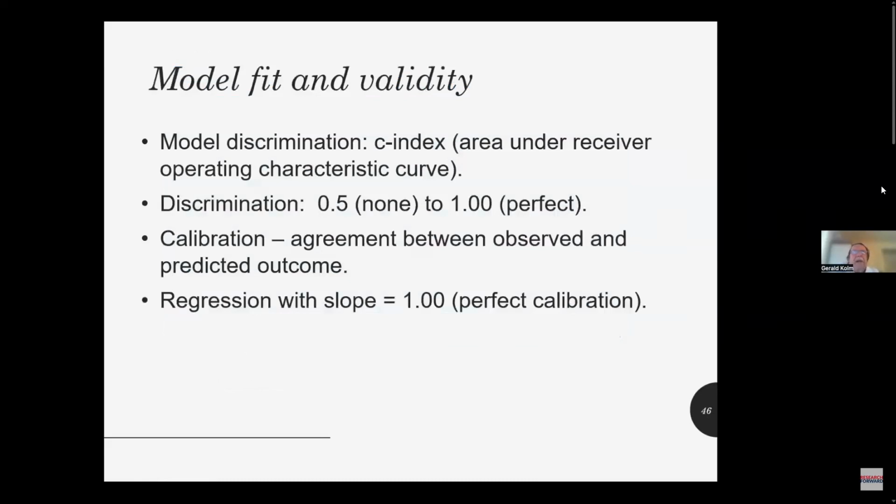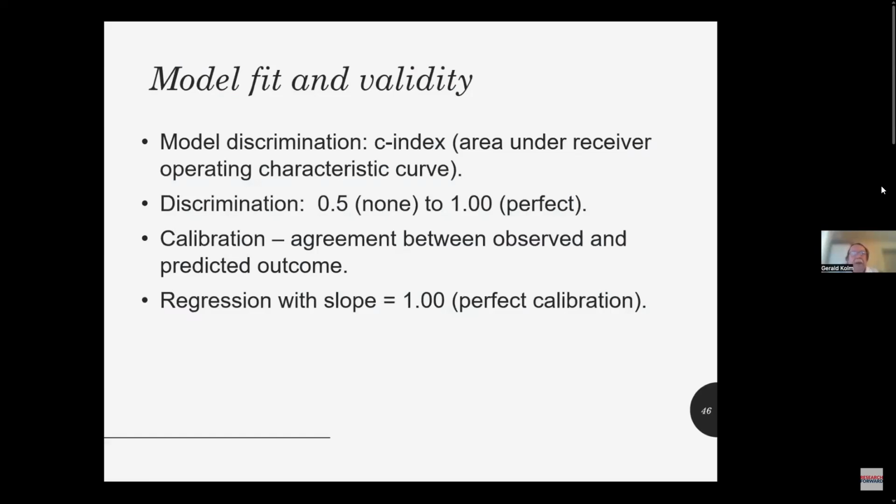Okay, so after we get our model, we're going to look at model discrimination, which has an index that's called a C index. It ranges from 0.5 to 1, where 0.5 is none. You have no discrimination between those that experience the event and those that don't.